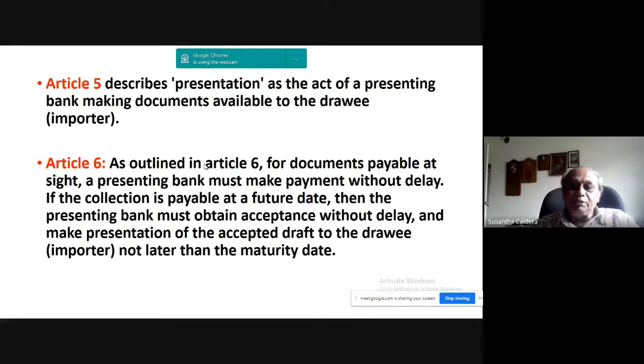If the collection is payable at a future date, then the presenting bank must obtain acceptance without delay, and make presentation of the accepted draft to the drawee, the importer, not later than the maturity date. Right? Is it clear?